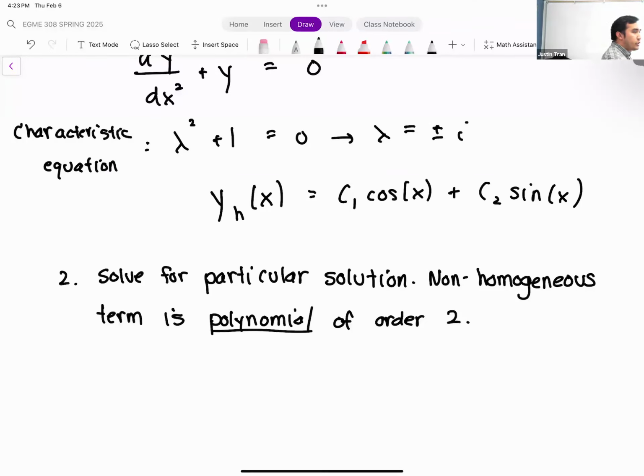And so if our non-homogeneous term is a polynomial of order 2, that means our particular solution should also be a polynomial of order 2.